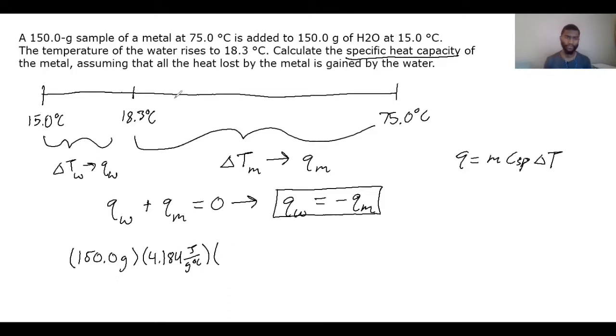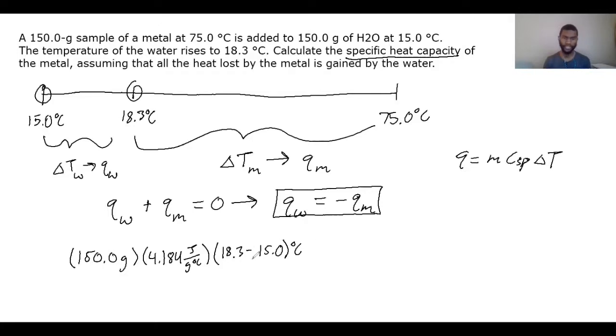So we've got final minus initial, all right? So that's 18.3 minus 15.0 degrees Celsius. We'll notice here that degrees Celsius are going to cancel from here and here when we multiply across.